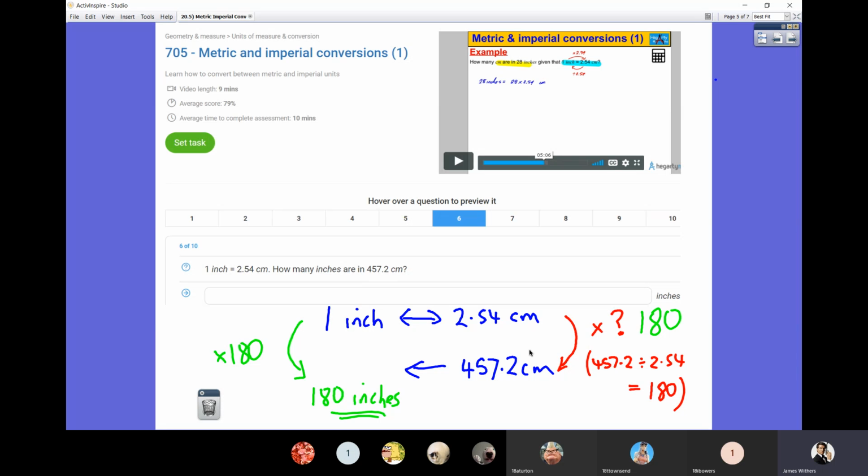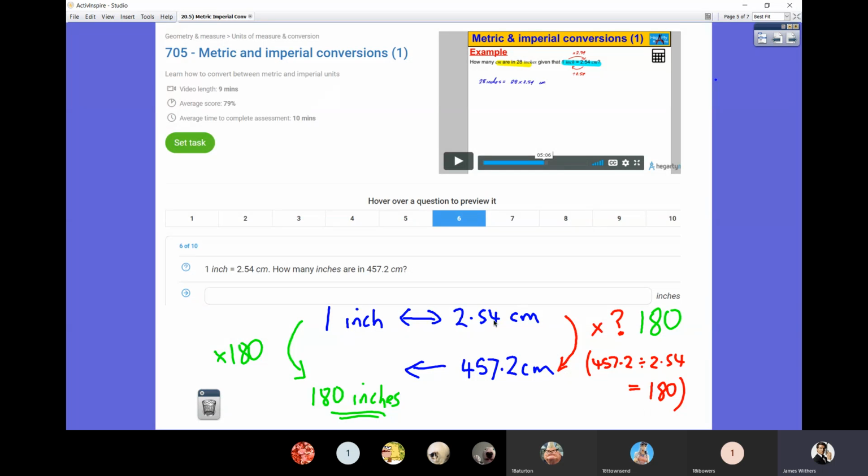Clearly we can't just do that in our head. We can't see what we're doubling. So you've got to get your calculator out and ask, this times what gives us this? Well, we can work out what we're multiplying by taking the bigger one, 457.2, and dividing that by 2.54. If you do that on your calculator, you get 180.